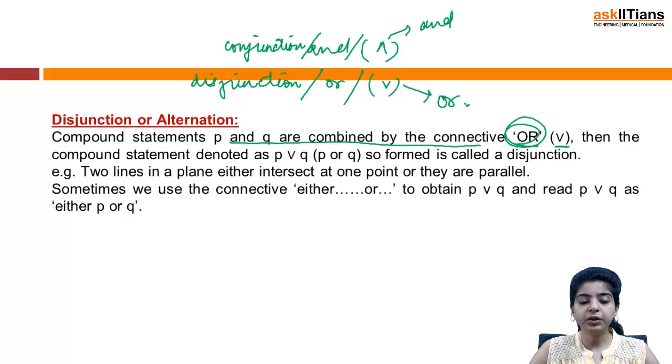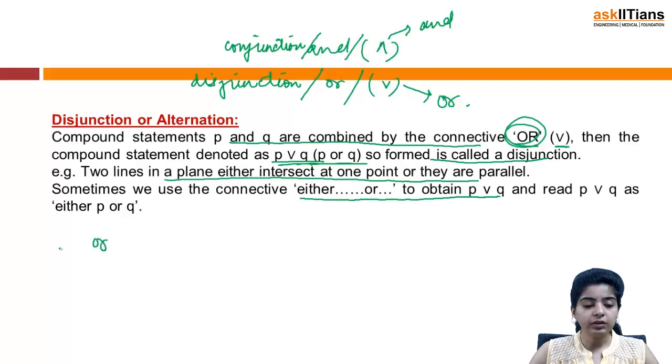Then the compound statement denoted as P or Q, read as P or Q, so formed, is called a disjunction. Example: two lines in a plane either intersect at one point or they are parallel. Sometimes we use the connective either-or to obtain P or Q. So generally you use either-or, or you have it just as OR.